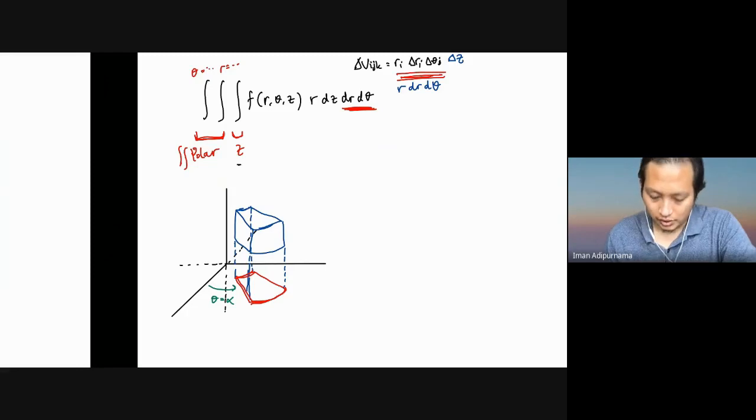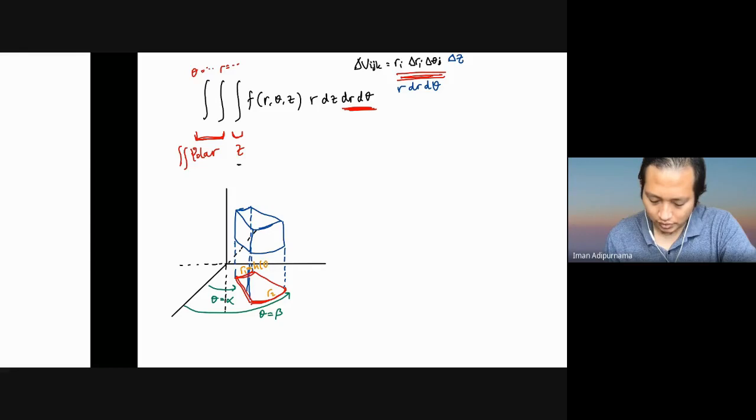So here's theta alpha, and here theta is, let's say, beta, and also we have two radii. So this radius is r2 and r1, and we can take these radii in terms of functions of theta.